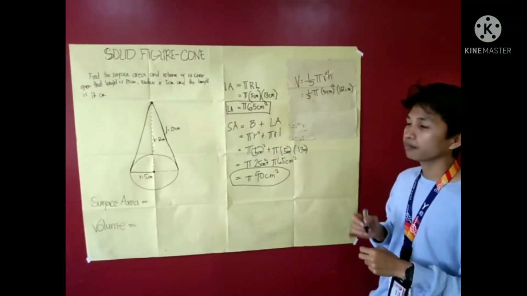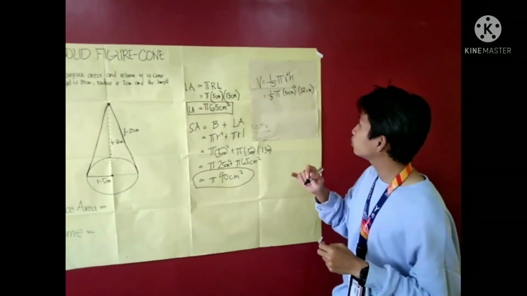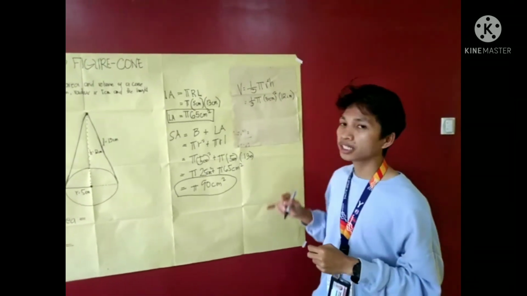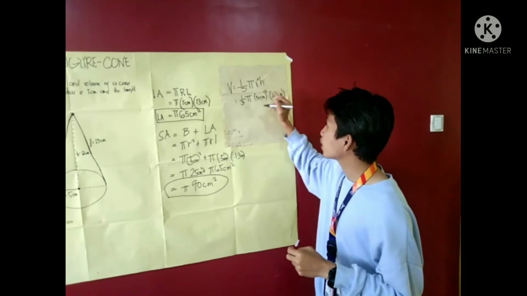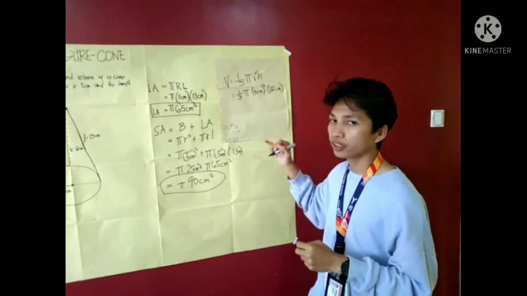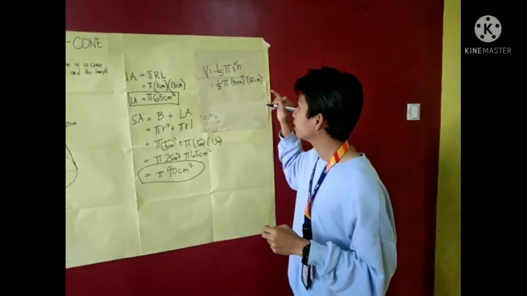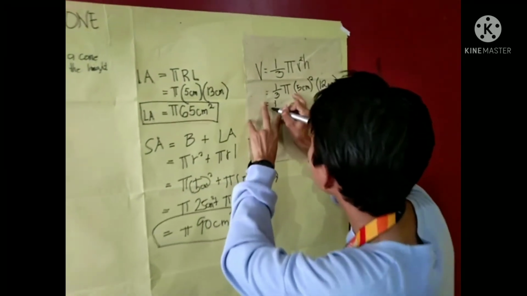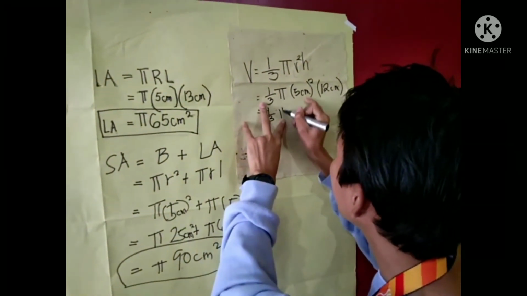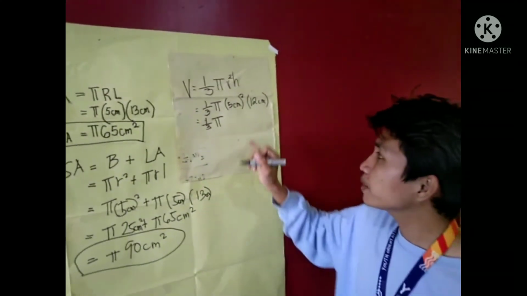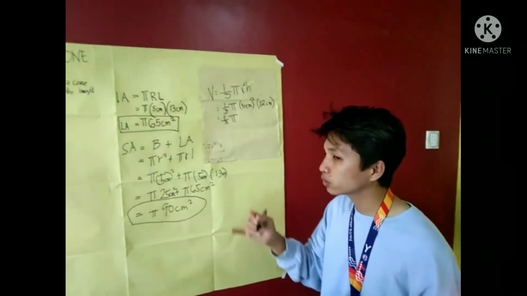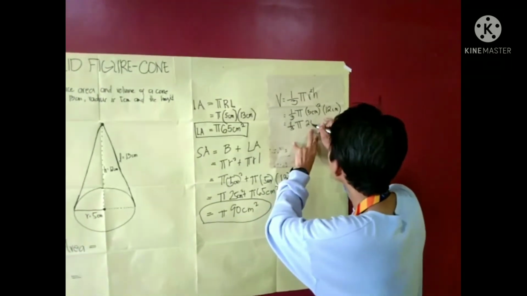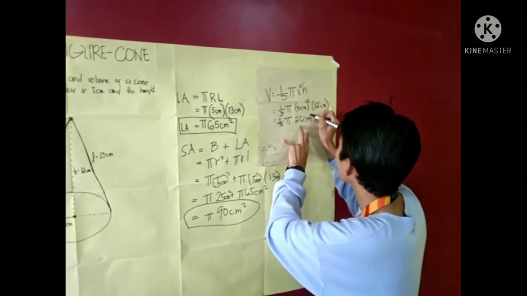The next step is we multiply the 5 centimeters by itself, since there is a square outside of the parentheses. So copy again the one third and the pi. 5 times 5 is equal to 25 centimeters squared.